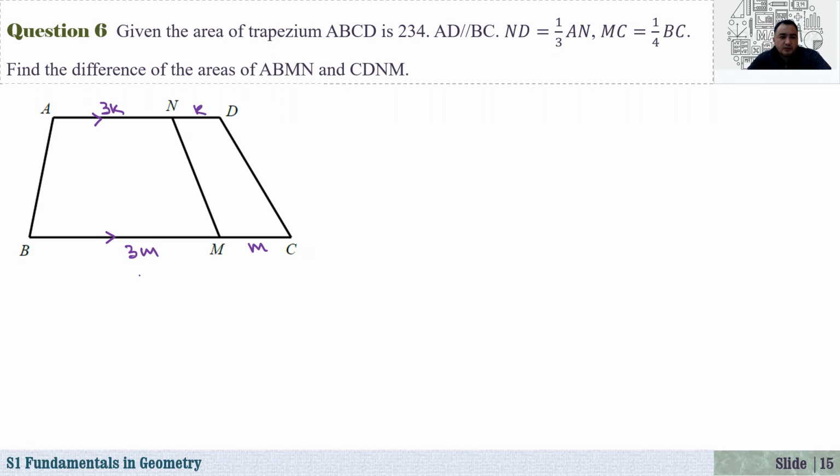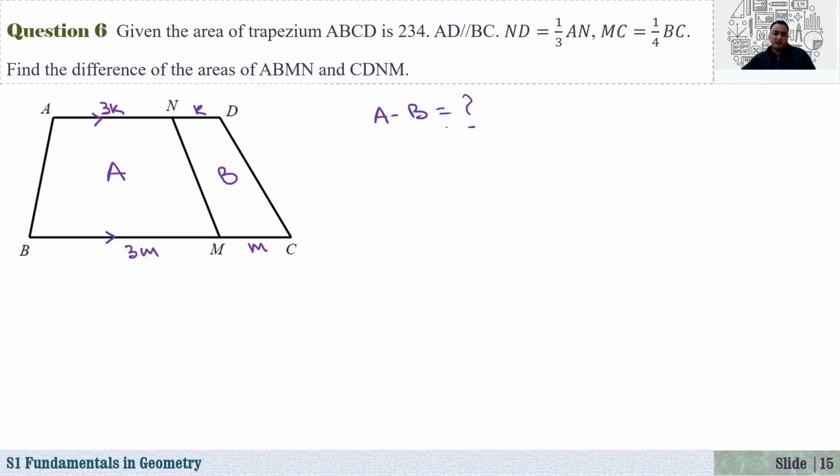So now the question is, find the difference of the areas of ABMN and CDNM. Let's say this area is equal to A, this area is equal to B. Here we need to find the difference.